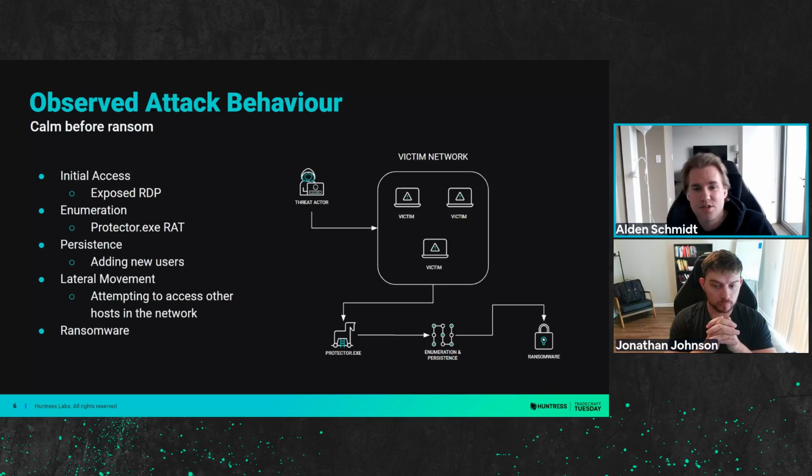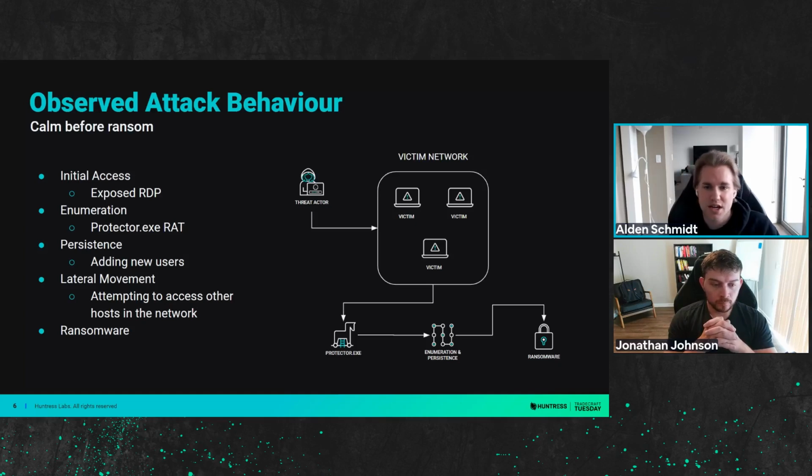From there, they used their protector exe RAT to perform most of the enumeration and setup for their ransomware deployment. This binary is in charge of evading detections, anything that would hamper their effectiveness in terms of the actual encryption. After that, they were also hands-on keyboard, doing standard things to establish persistence.